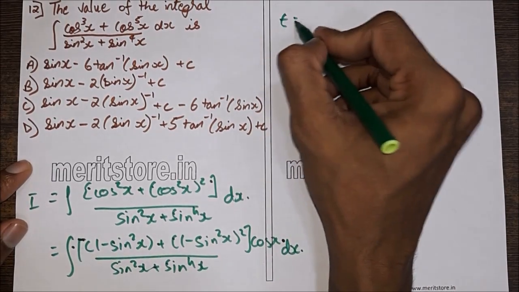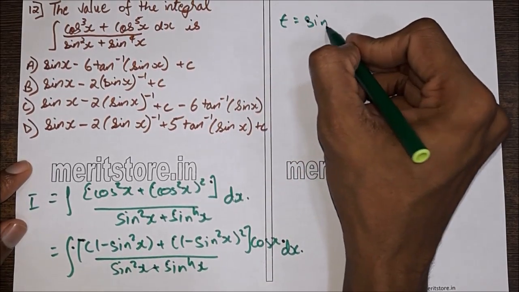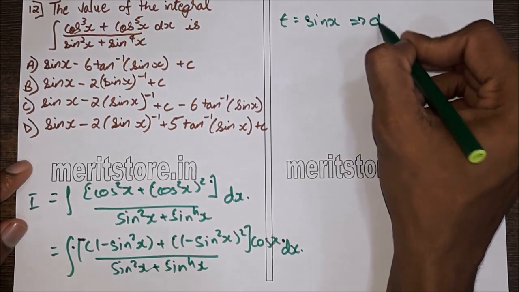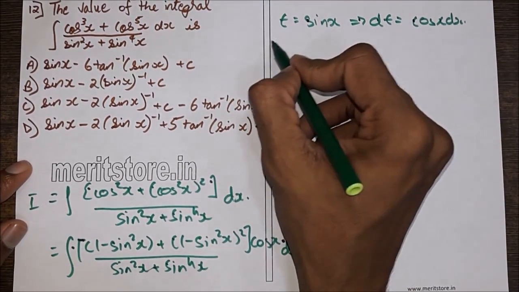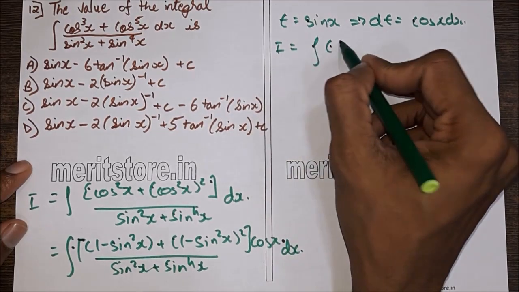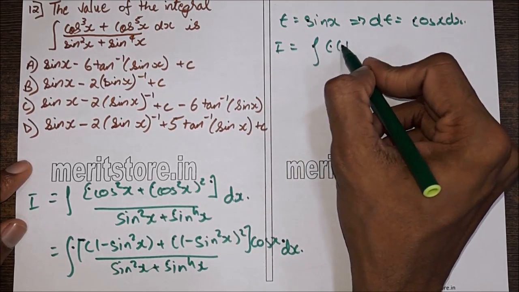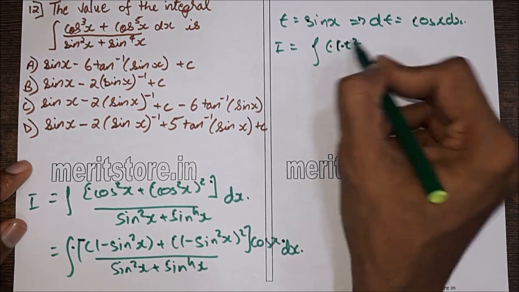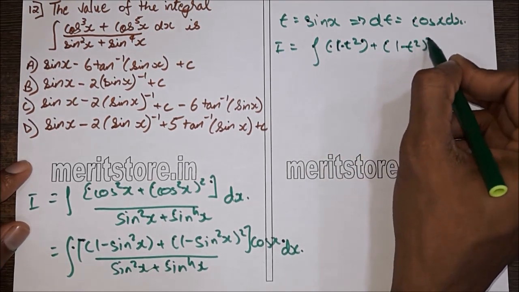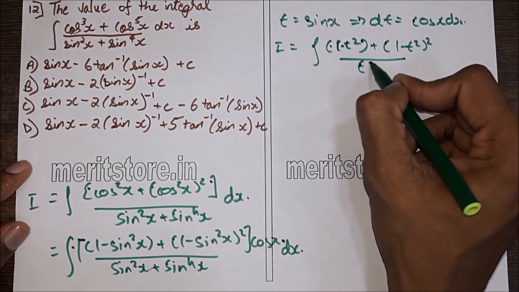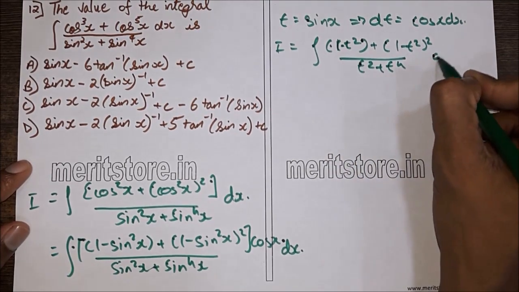Further, we put t is equal to sin x, differentiating both the sides, we get dt is equal to cos x dx. We get I equal to integral 1 minus t square plus 1 minus t square the whole square upon t square plus t raised to 4 dt.